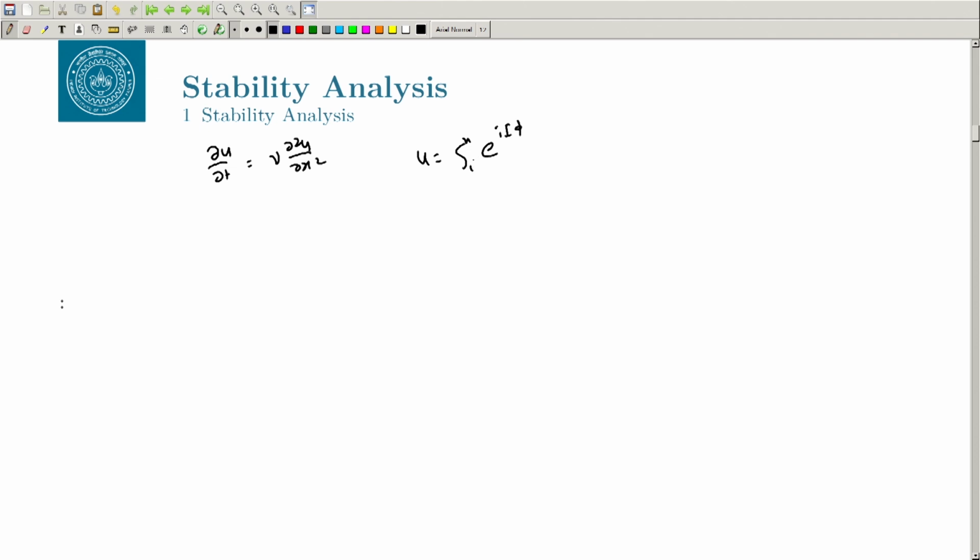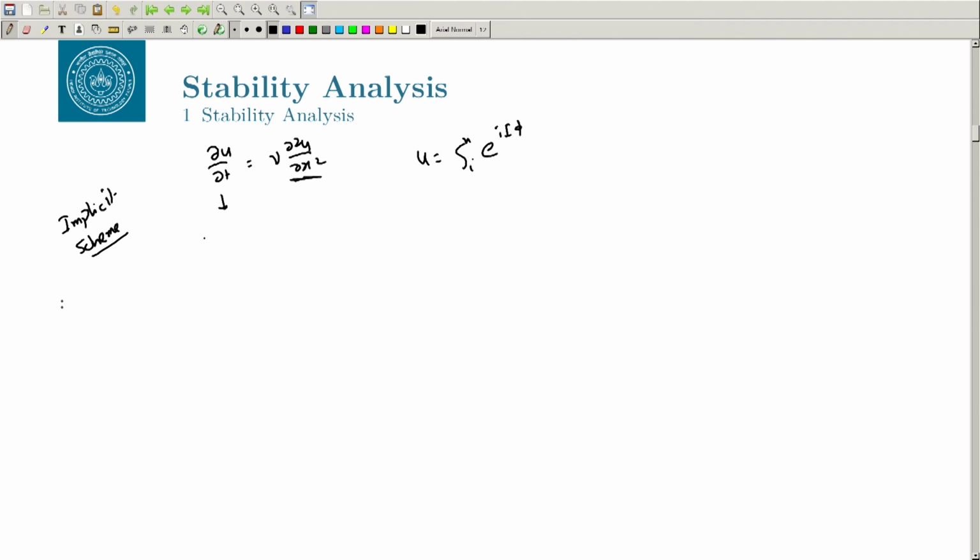Now we are going to use an implicit scheme. That means the right hand term that you are discretizing will also be at the time step n plus 1.